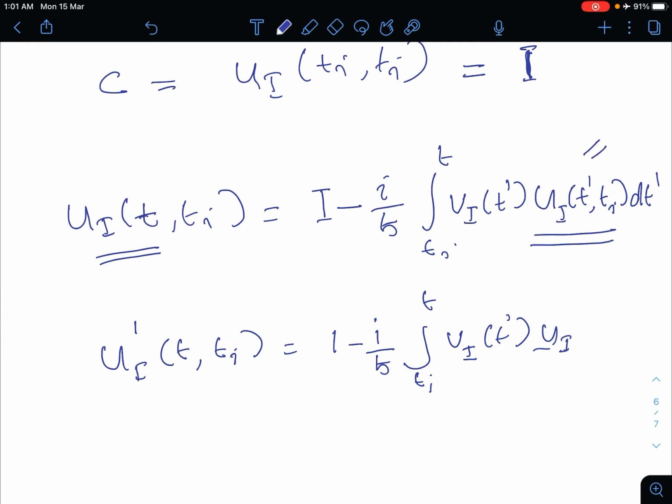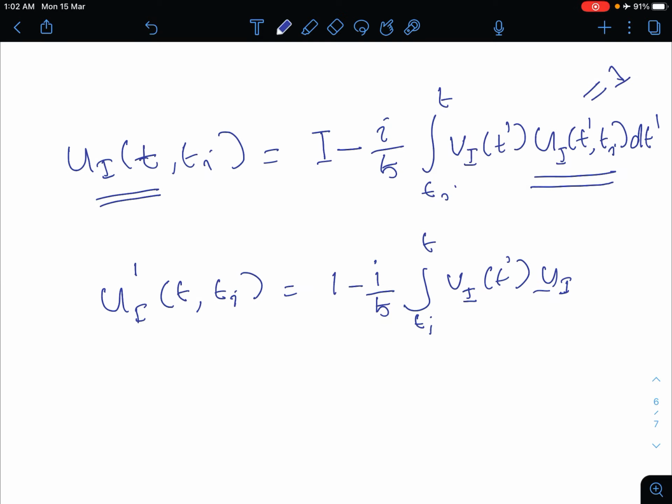We approximate ui of t dash to 1. So what you will be getting is we will not have any function like this, so we approximated t dash dt dash, simple.